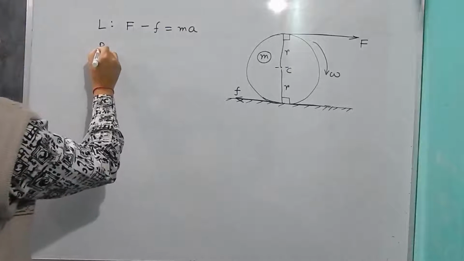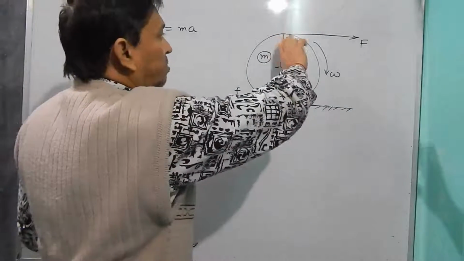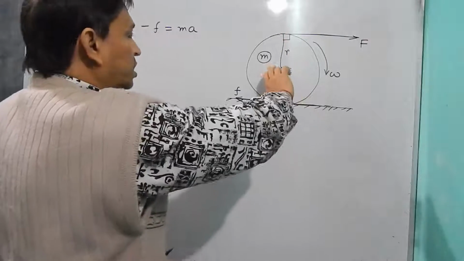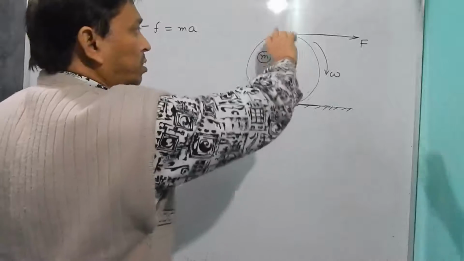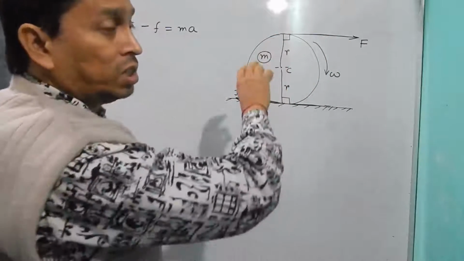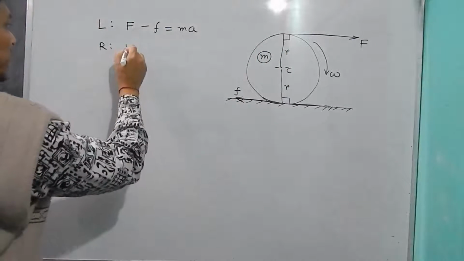And for rotational motion, the capital F is giving clockwise torque, and the small f is also giving clockwise torque. Both of these forces, capital F and small f, are giving torque in the same direction. So in case of torque, these two should be added.